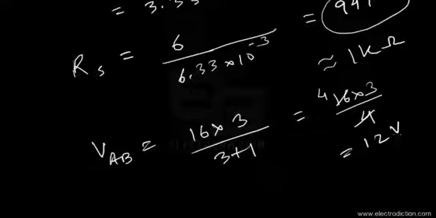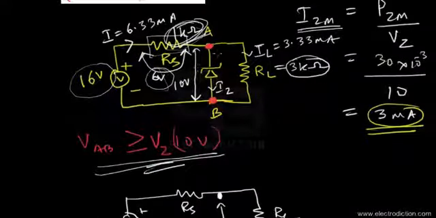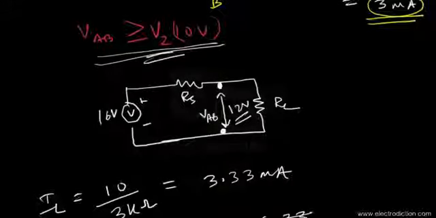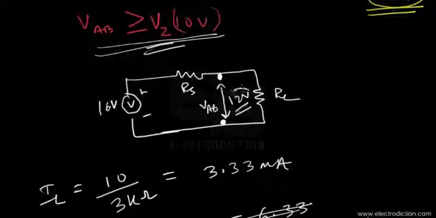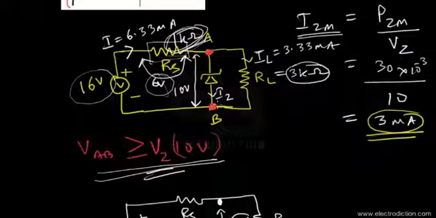Therefore the voltage across terminals A and B is approximately 12 volts, which means the Zener diode would operate in the breakdown region.